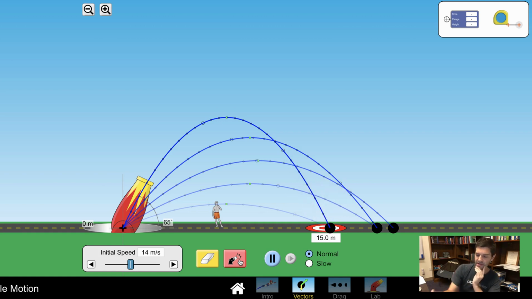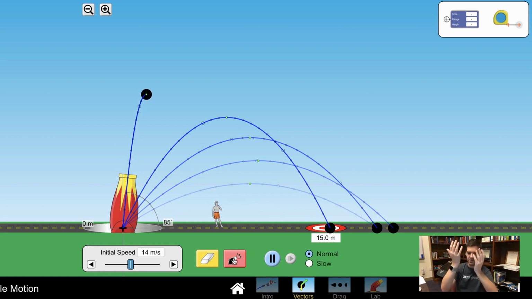So notice what's going on. As you increase the angle, you're saying something about how much of your speed is going into vertical motion versus how much of it is going into horizontal motion. And when you have it essentially pointing straight up, all your initial speed of 14 meters per second is essentially going into just your vertical motion. Your x component is very small.